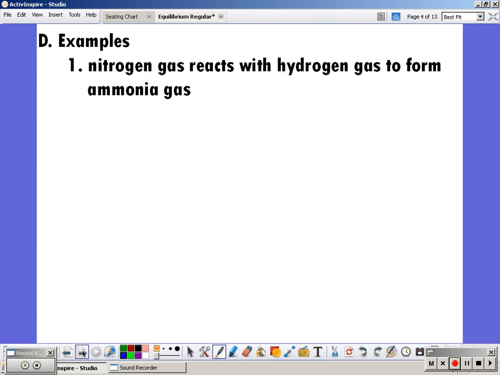All right, so for example, remember the words reacts with means plus, and to form is my arrow. So nitrogen gas, nitrogen's a diatomic, plus hydrogen gas, hydrogen's a diatomic, yields ammonia gas, which is NH3.